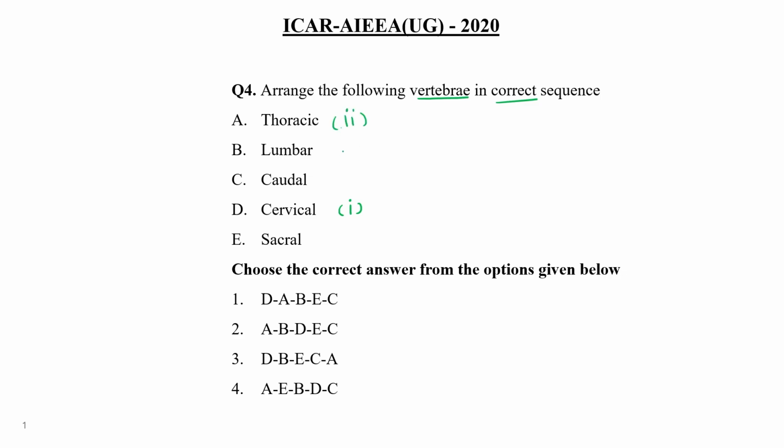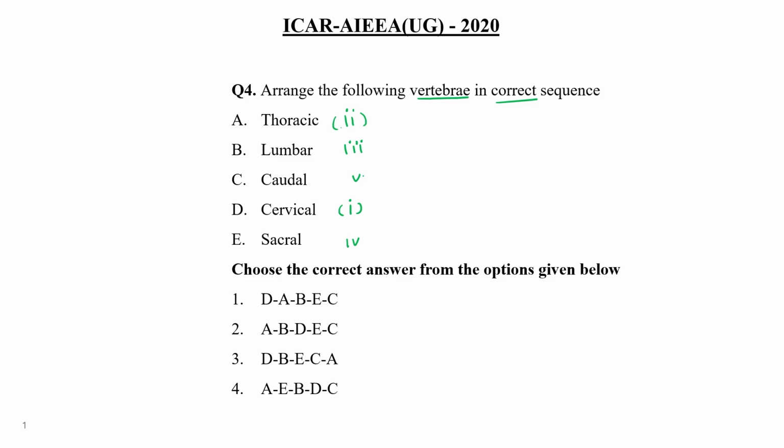Clear? Then lumbar, right? And then sacral, and at the last position, caudal. Right? So this must be the sequence: cervical at the first position, followed by thoracic and lumbar.